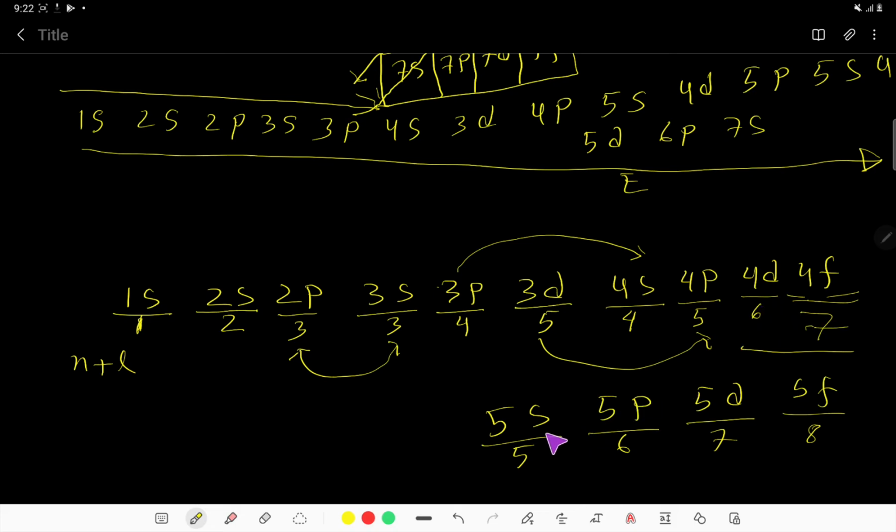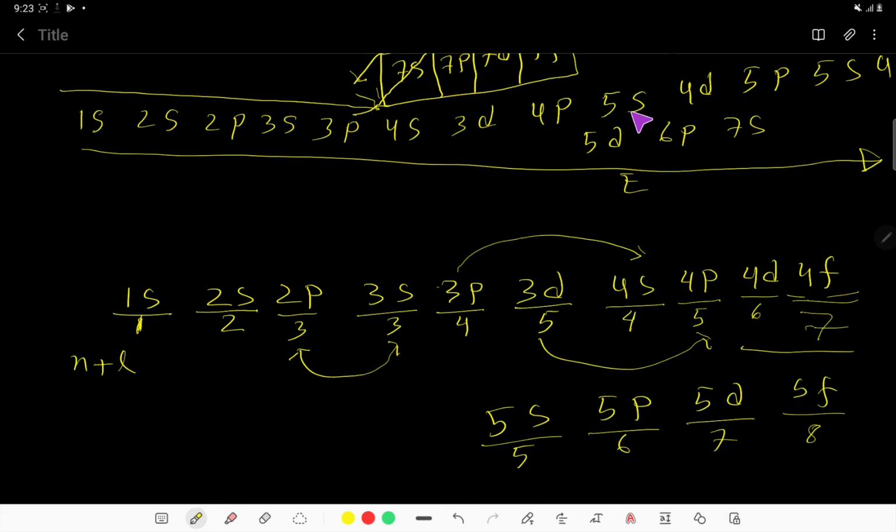But look, in the fifth energy level we have 5s, that energy is 5. So the electron will enter the 5s subshell first, since its energy is lower than this 4d.